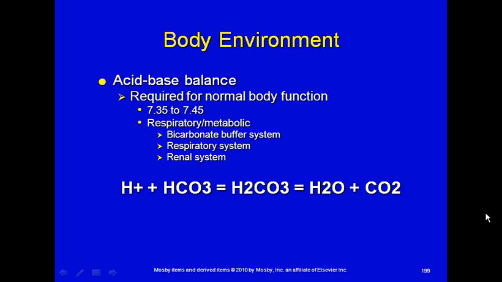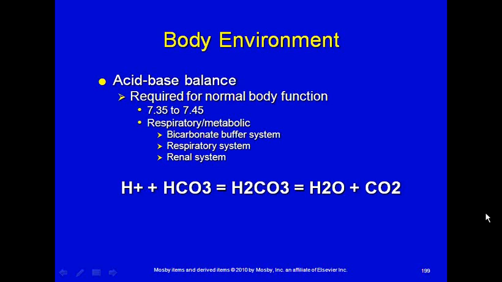The first one is the bicarbonate carbonic acid buffer system, and that's represented by the formula below. And again, when we talk in greater detail about acid-base balance, we'll go into much more of a discussion concerning this formula. But the bicarbonate carbonic acid buffer system works immediately, in a fraction of a second, and is constantly shifting from one end of the equation to the other based on need.